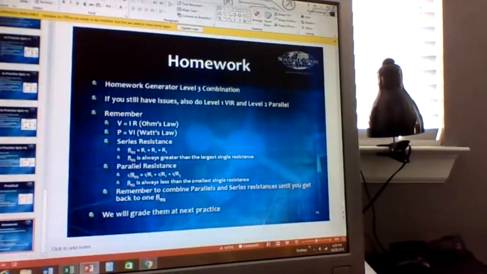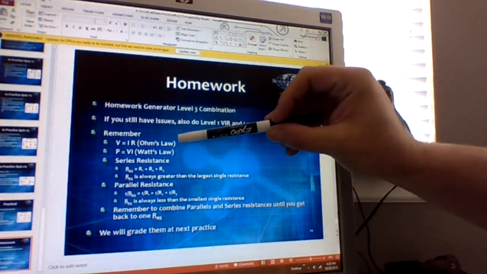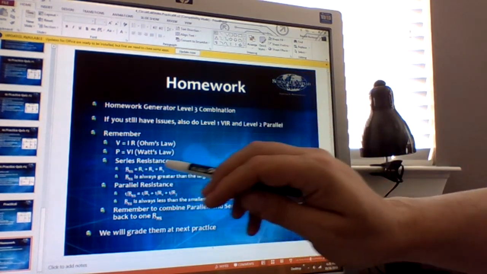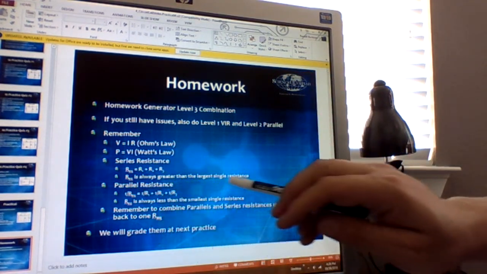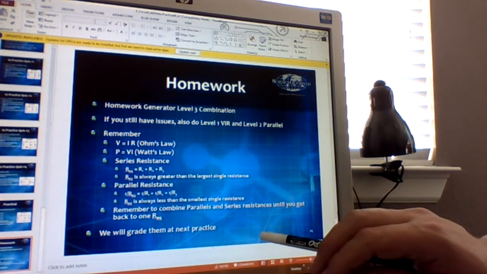Okay. Now, you will remember from the homework assignment, from the slides, I included all the key items: Ohm's law, Watt's law, series resistance, the tricks, if you will, and parallel resistance and the tricks.